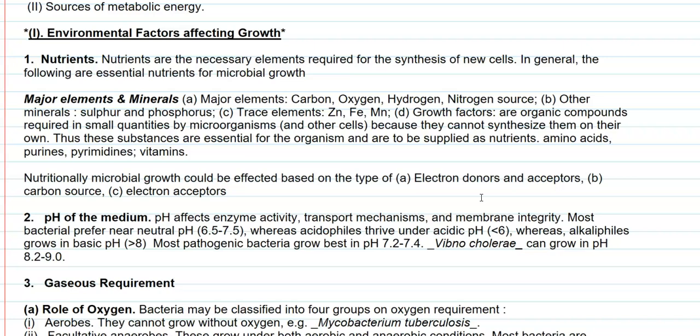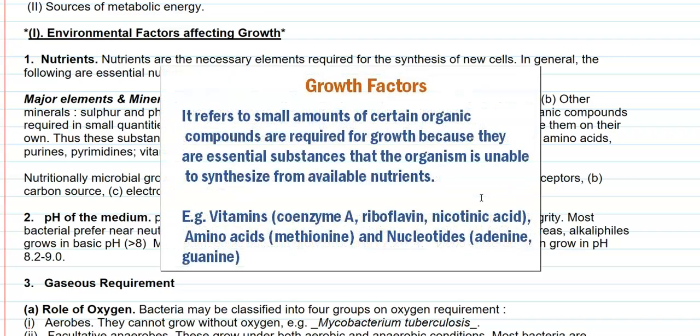The next one is trace elements, also called micro elements. They play a major role in enzyme functions. Examples are zinc, iron, manganese. Then comes the growth factors. They are basically organic compounds that are required in minute quantities for microbial growth.